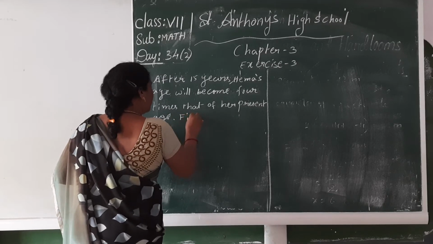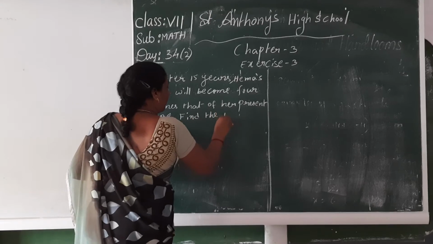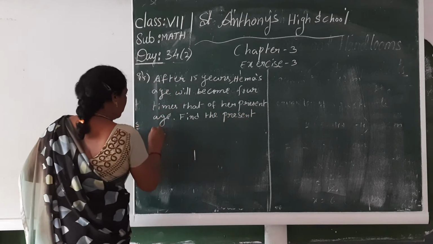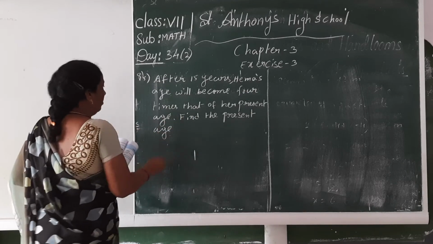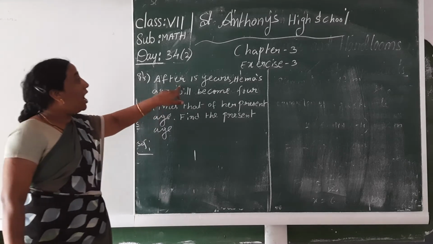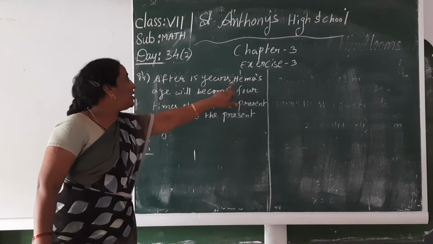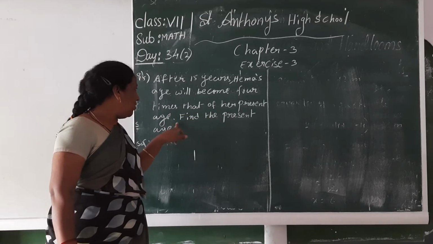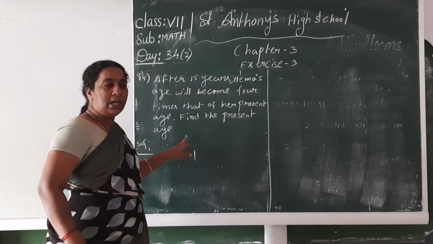Now find her present age. Solution. Here, what is given? After 15 years, Haman's age will become 4 times that of the present age. Now I have to find the present age.